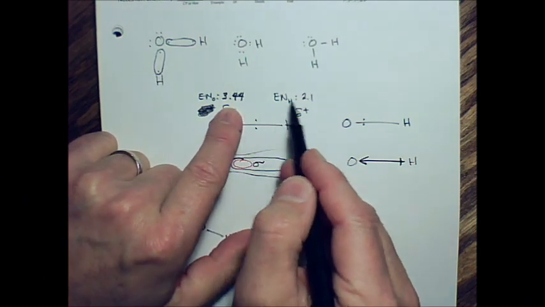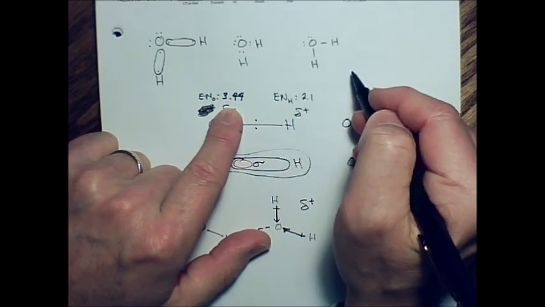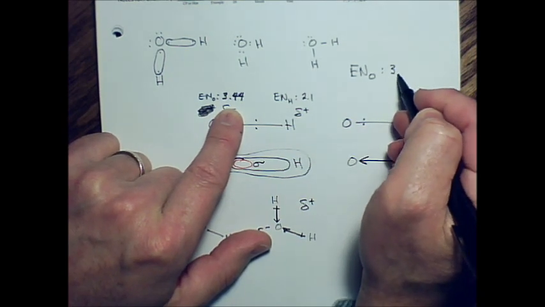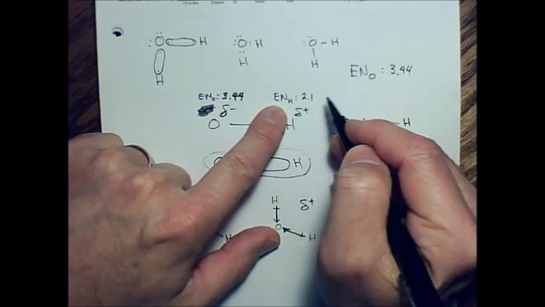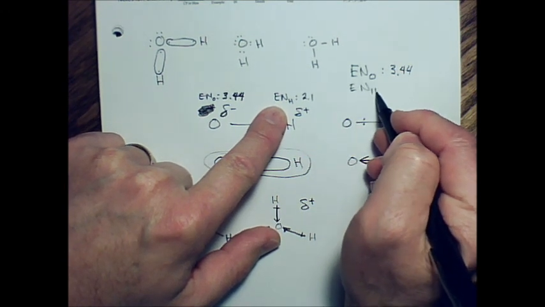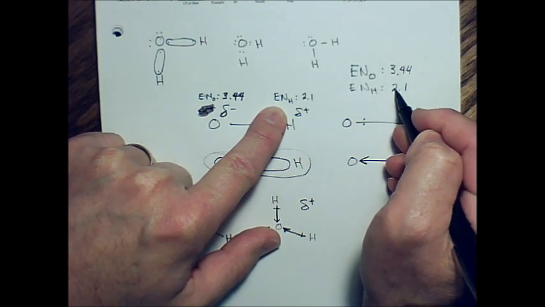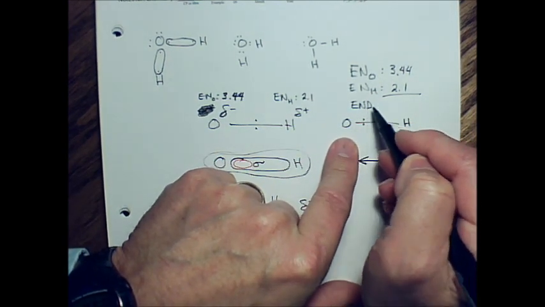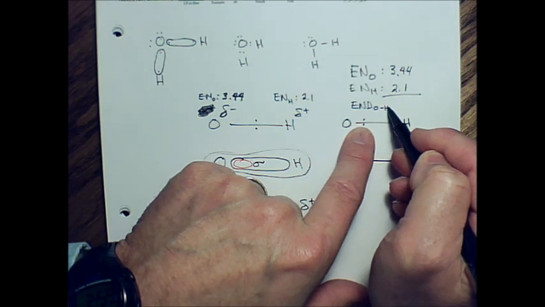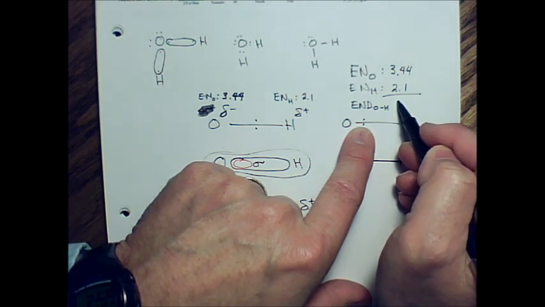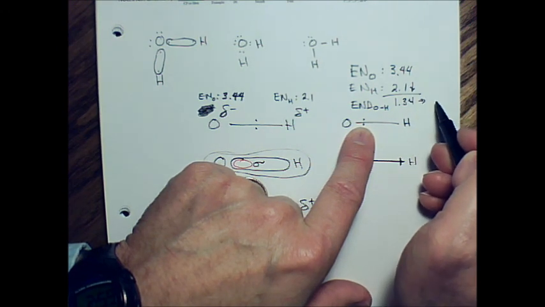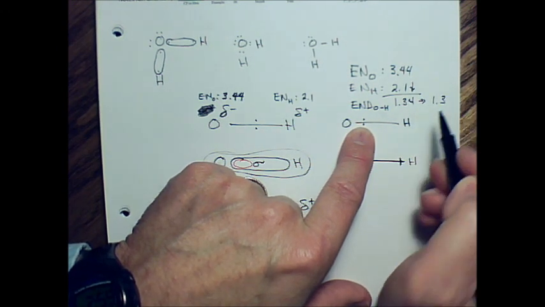Just got to know. Well, so if we find the electronegativity difference for this bond, the electronegativity for oxygen is 3.44. The electronegativity for hydrogen is 2.1. So the electronegativity difference for an oxygen to hydrogen bond then is 1.34, which we have to round off to 1.3.